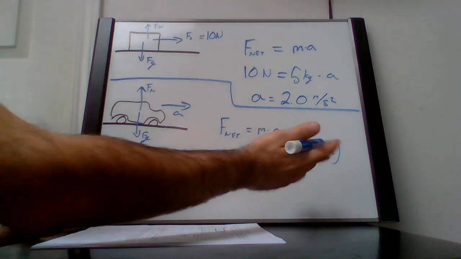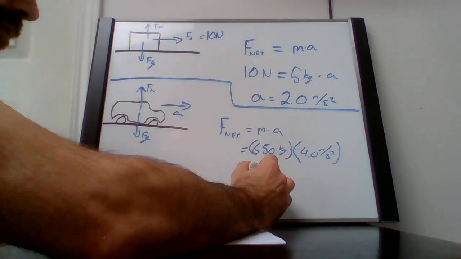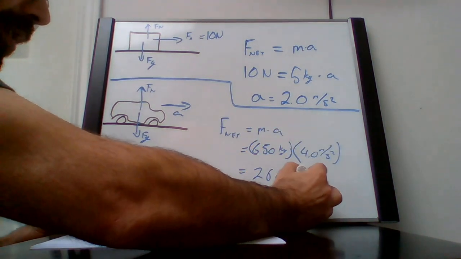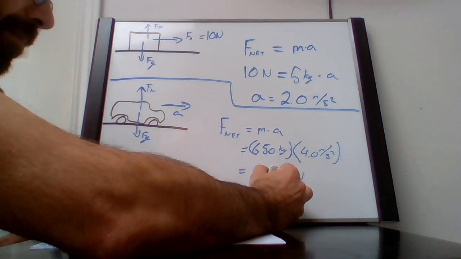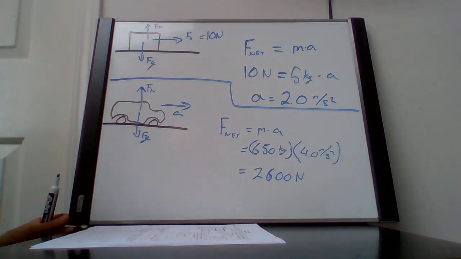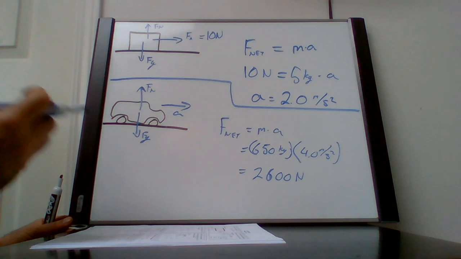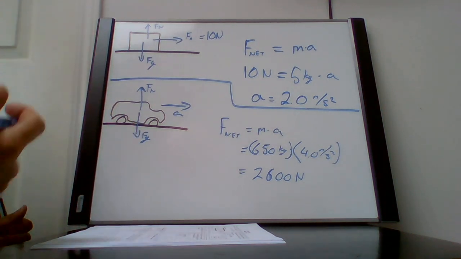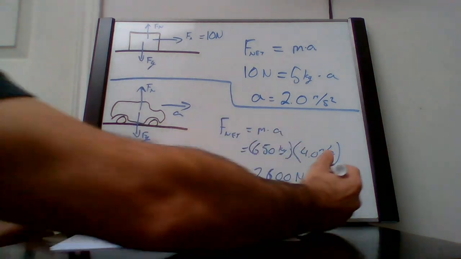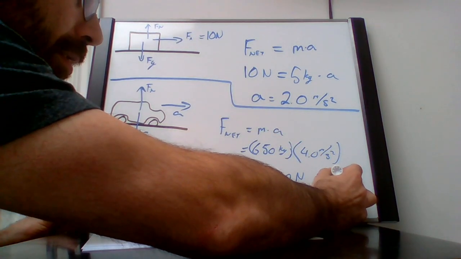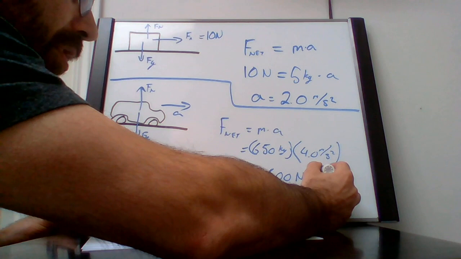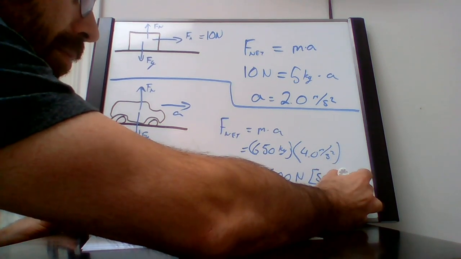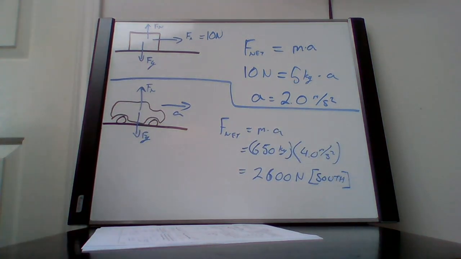And so we just multiply these out and we get 2,600 newtons. Force is also a vector, so we should include our direction, and since our acceleration was towards the south, our direction here is also to the south.